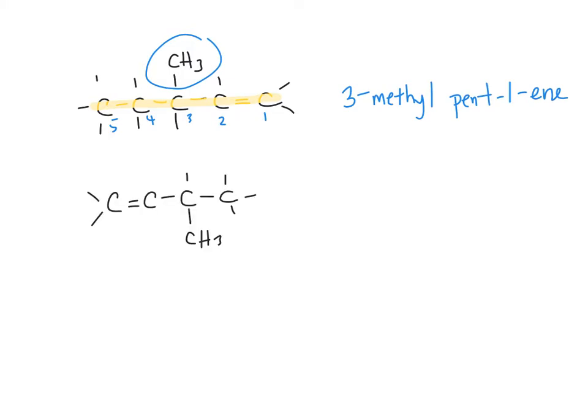Okay, this has a longest continuous carbon chain of 4, so this is a but. The double bond comes after carbon number 1. Double bond, and then the methyl group is on carbon number 3.